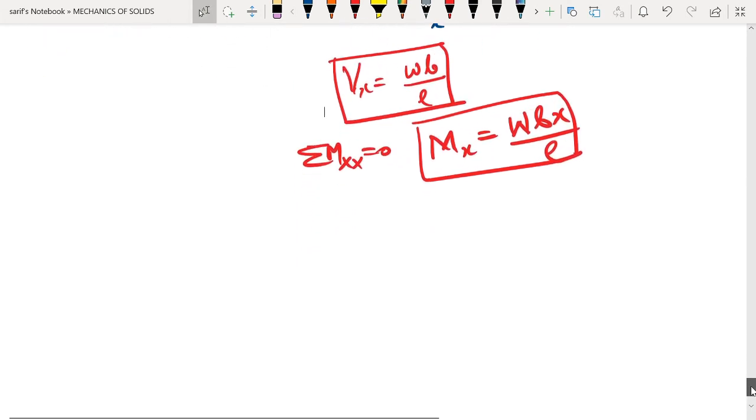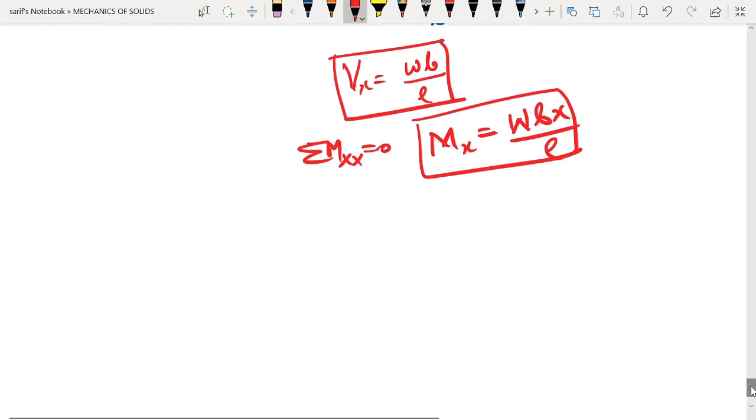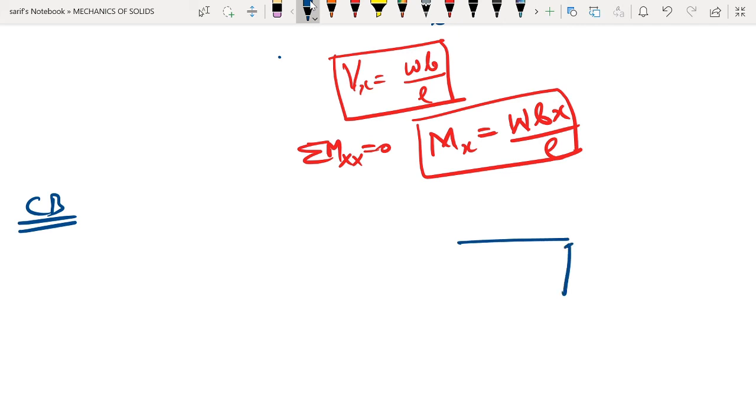Now what we have to do is, in a similar fashion, we have to develop expressions for the other region. Now next is we have to consider the region CB. So for the region CB, again let us draw the free body diagram.